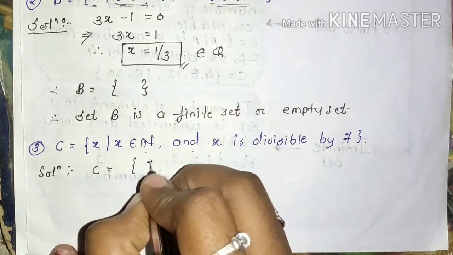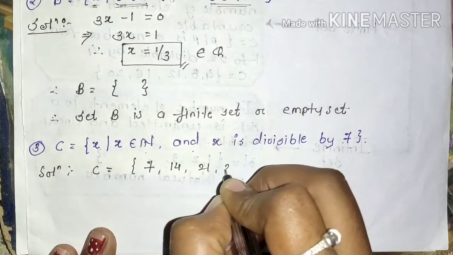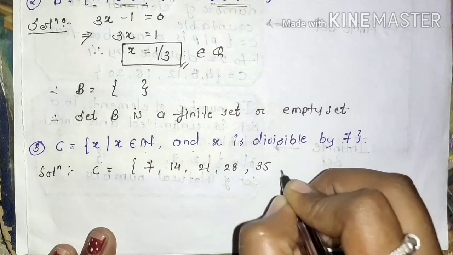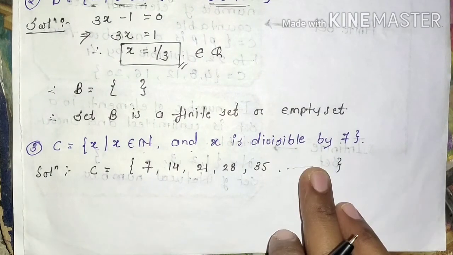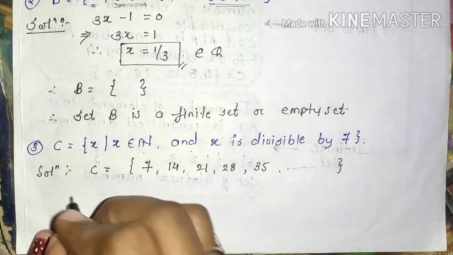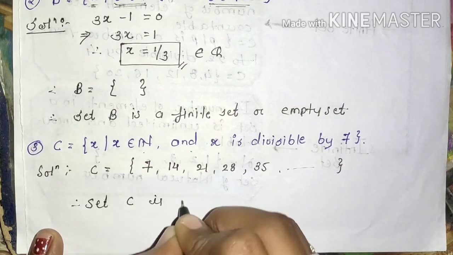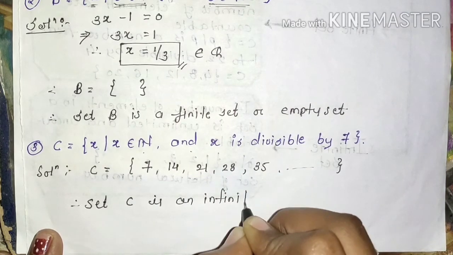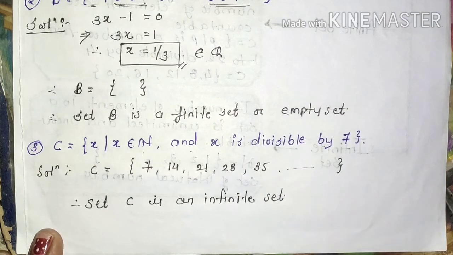So पहले आएगा 7 itself, then 14, then 21, then 28, then 35 and up to so on, which cannot be counted because they do not give the condition. Okay, so hence set C is an infinite set because we cannot count the elements of the set C.